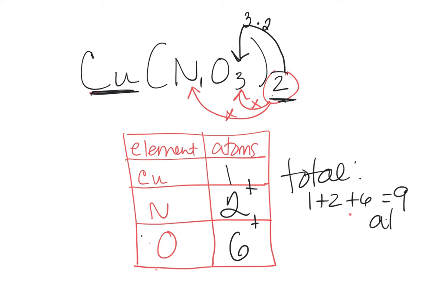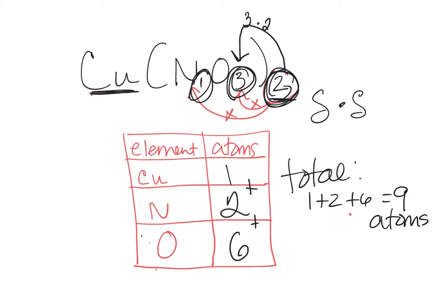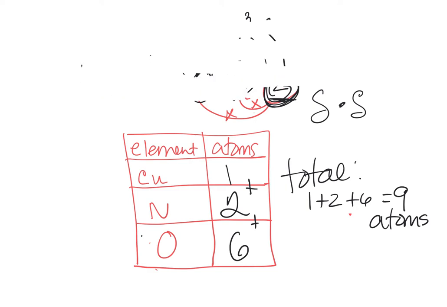I have 9 atoms total in that chemical formula. Your big thing is to remember it is subscript times subscript. Subscript times subscript.